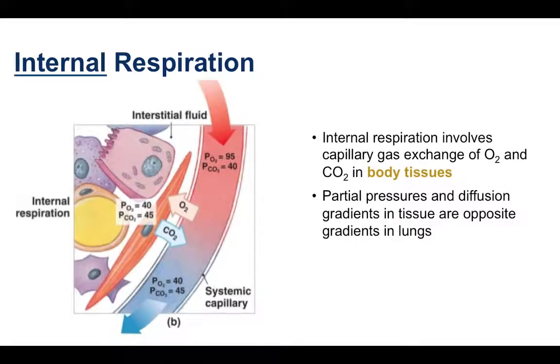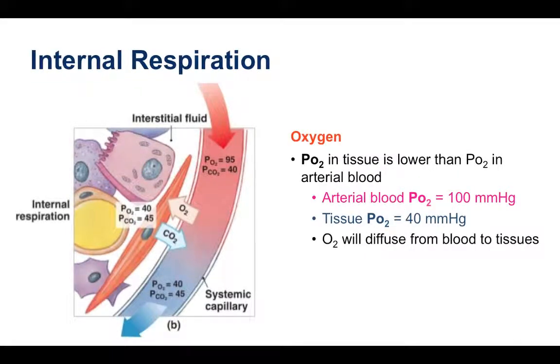Internal respiration, again, is the opposite of external respiration. This is going to happen in the body tissues, and this is where oxygen is going to go from the blood to the tissue cells, and carbon dioxide is going to go from the tissue cells into the blood. The partial pressure gradients are basically just flip-flopped here. In a lot of diagrams, you'll see the partial pressure of oxygen in the capillaries at 95.